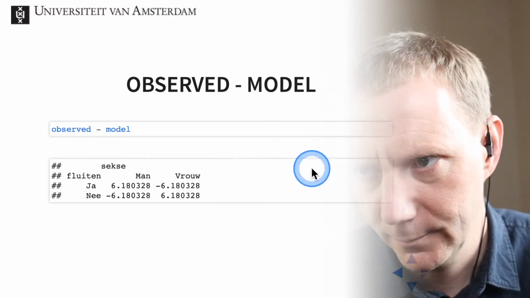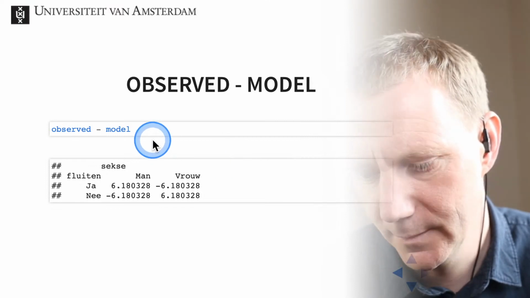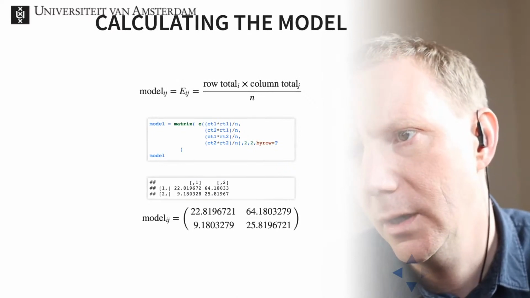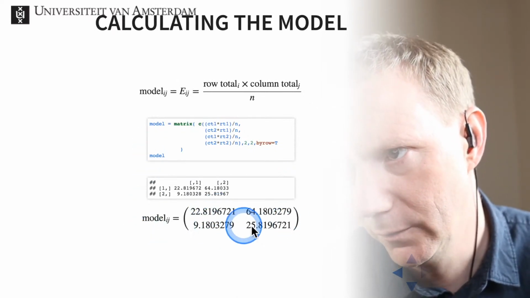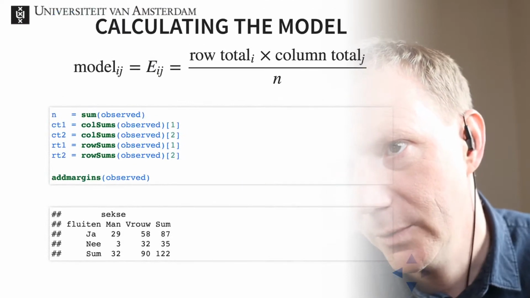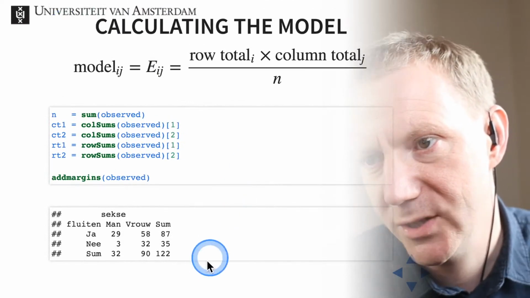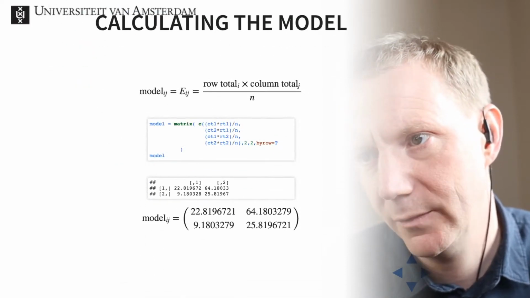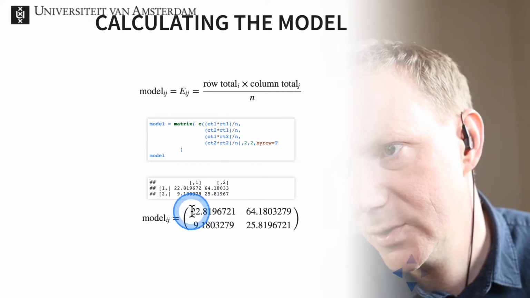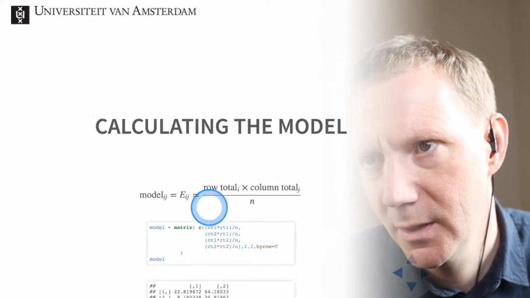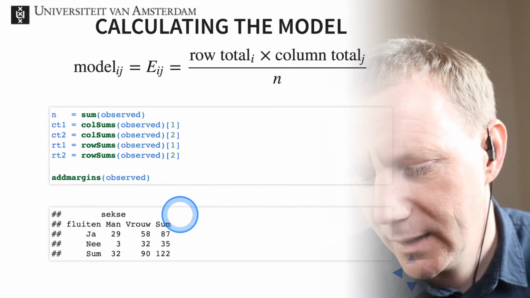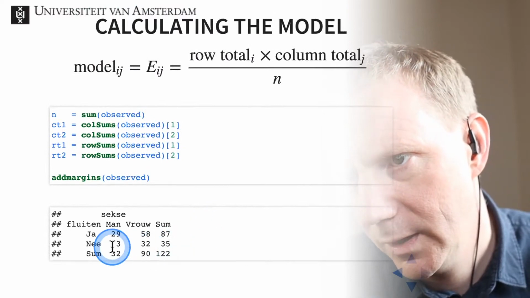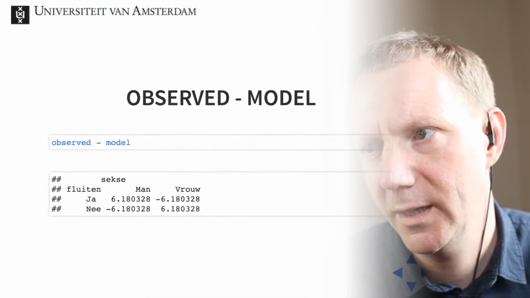And so essentially it means having the matrix for the model with 4 values, and you have the matrix for the actual observed score. So to get to the new matrix, you just have to subtract all 4 values. So we have to subtract 22.8 from 29, and we have to subtract 9.1 from 3, etc., etc. And that's what I've done here.